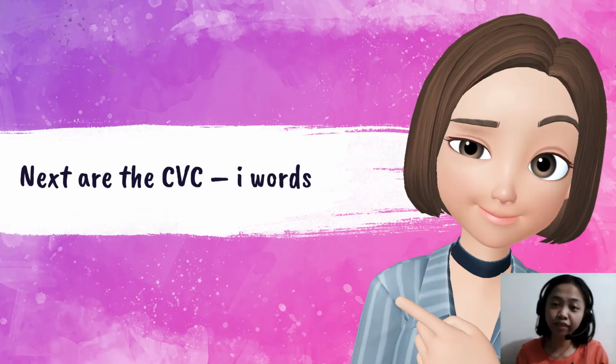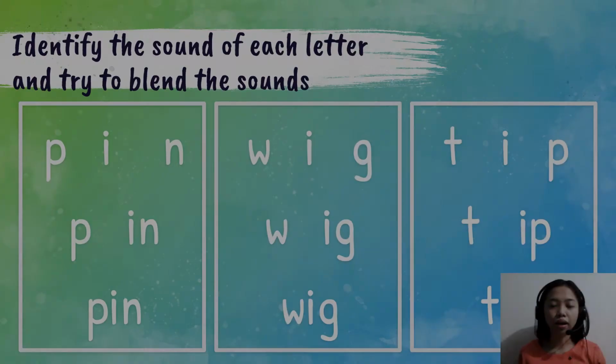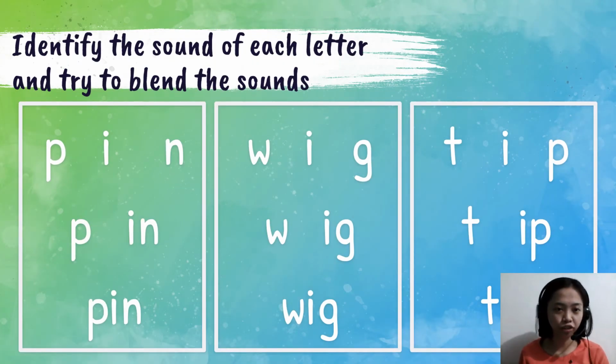Next are the CVC I words. Again, what is CVC? Consonant, vowel, consonant sounds. It means that it is a 3-letter word in which the letter I is in the middle. Again, what's the sound of I? It's ih. Very good. Now let's go to the first box.